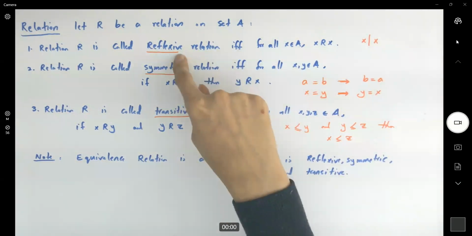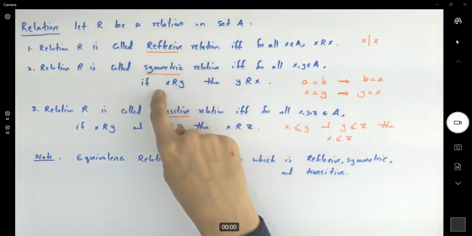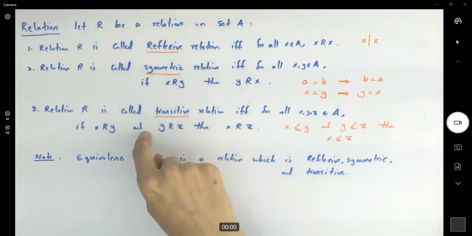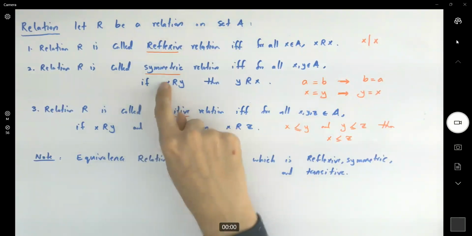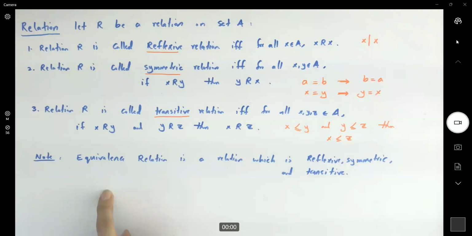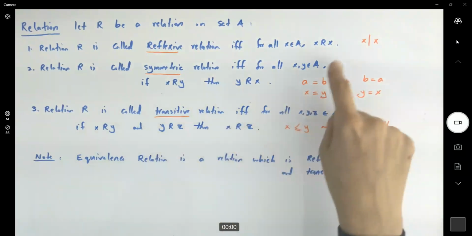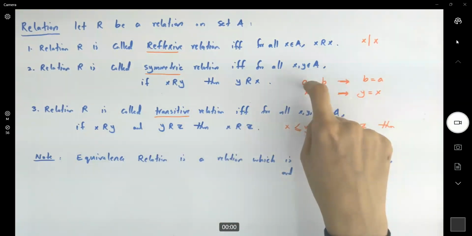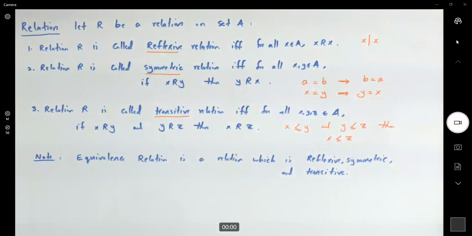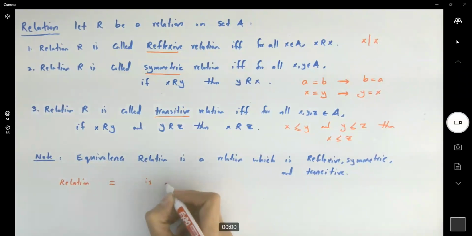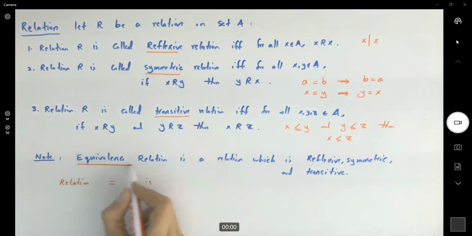Divisibility, it is reflexive, but it's not symmetric. It is transitive. But since it's not symmetric, it's not an equivalence relation. Equality. Equality is reflexive, symmetric, and transitive. A relation like equality is an equivalence relation.